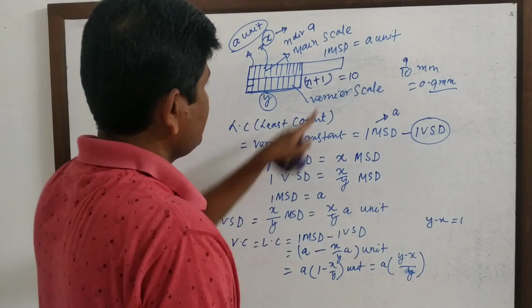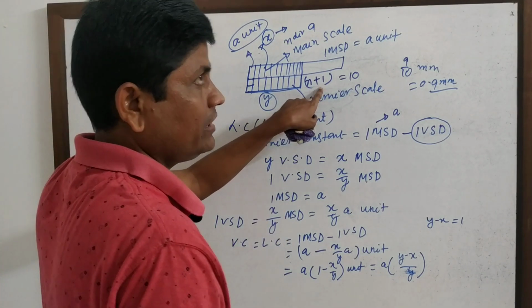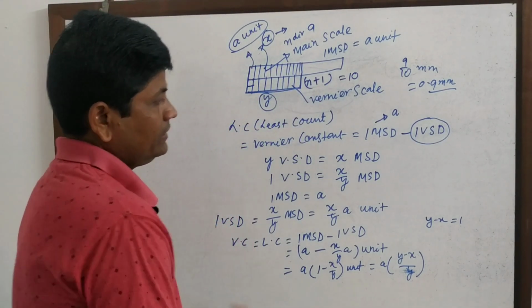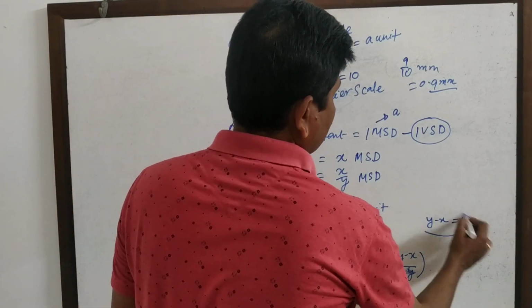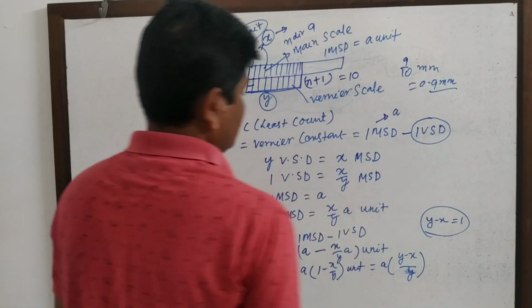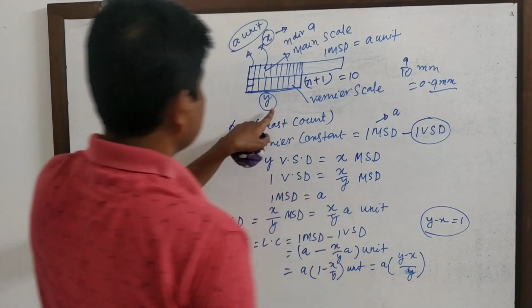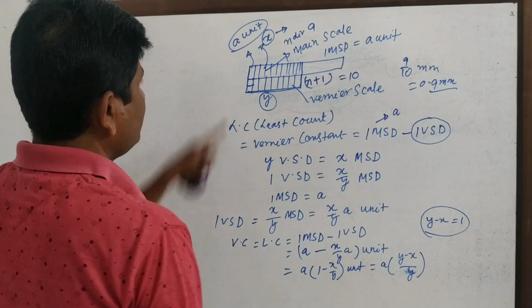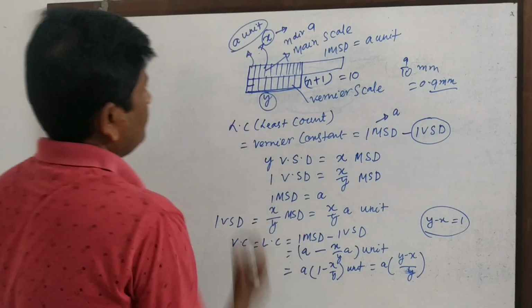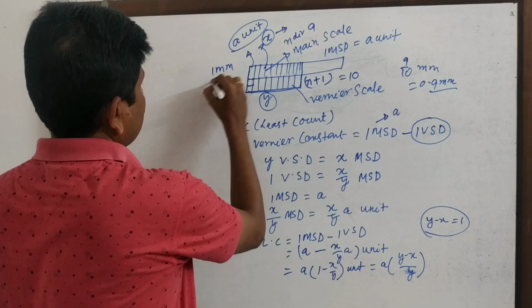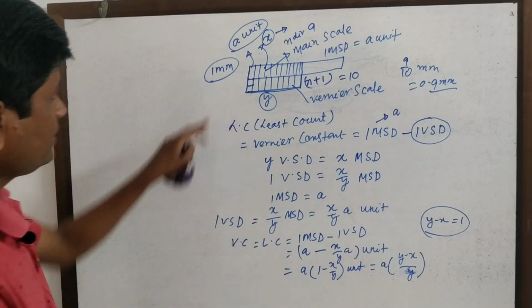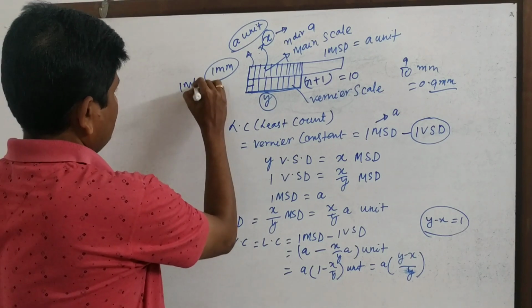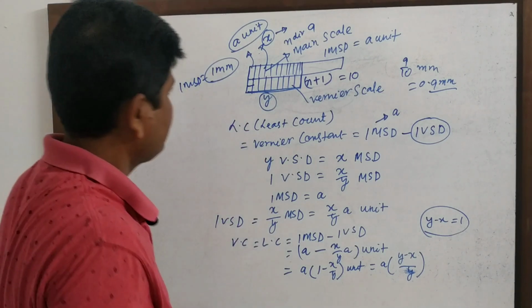If Y minus X is equal to 1, Y has 10 divisions, and the graduation of the main scale is 1 mm, that is, every scale generally has 1 MSD equal to 1 mm, we know that.